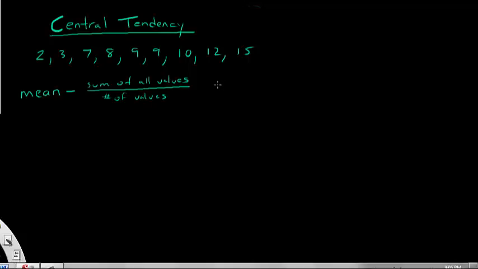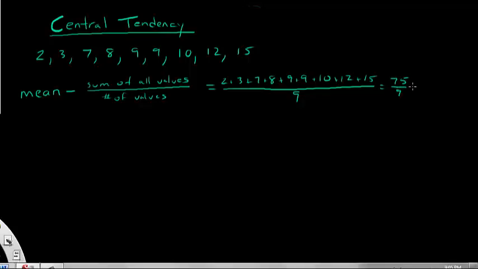So in this case, that would be 2 plus 3 plus 7 and so on. And I believe that's going to give us, let's see, 37 plus 18, 55, 75 over 9. There's 9 numbers there.